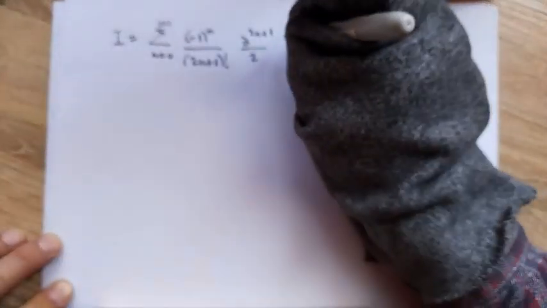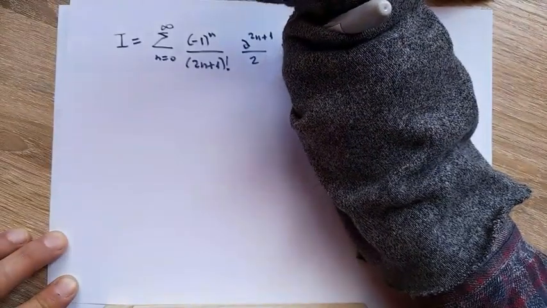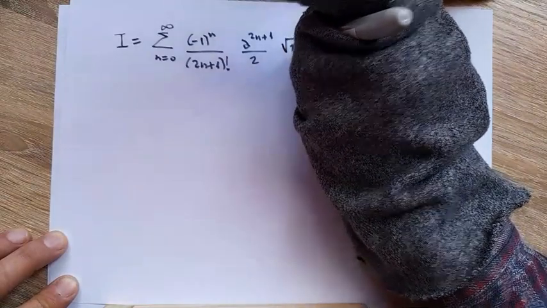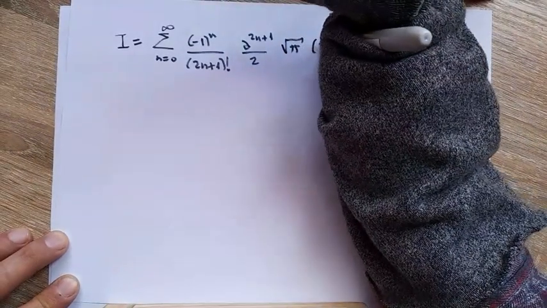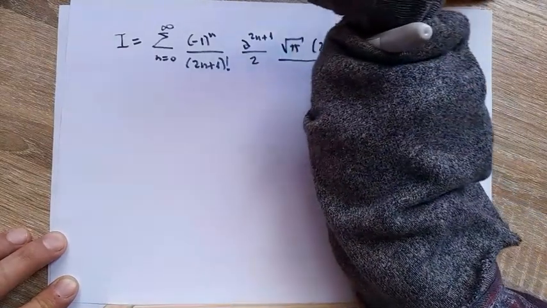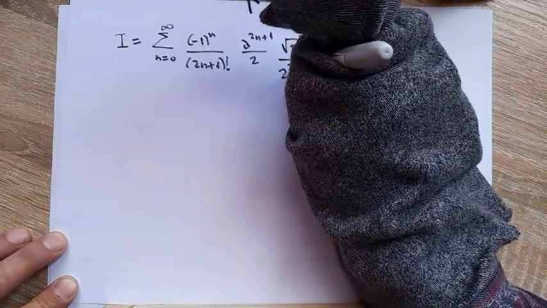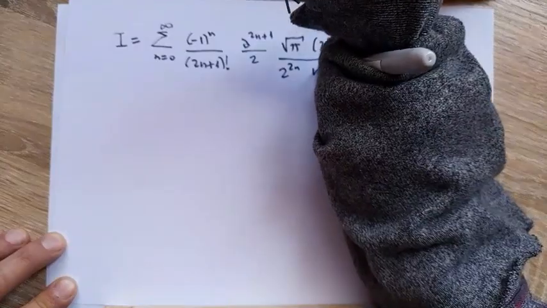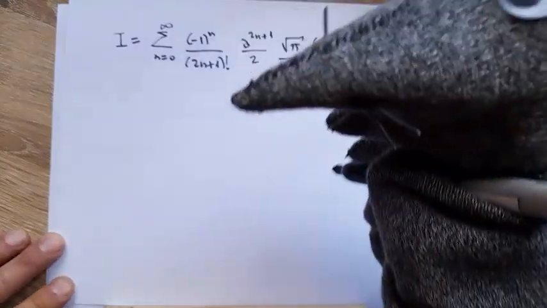But we found that this is the same as the square root of pi times 2n factorial over 2 to the 2n over n factorial. Yeah?